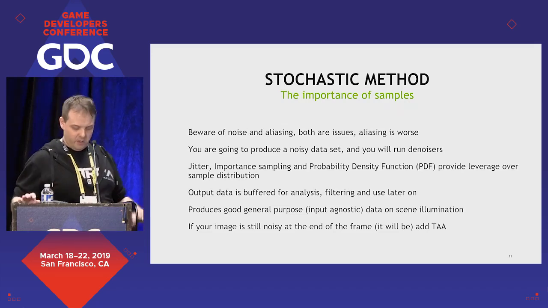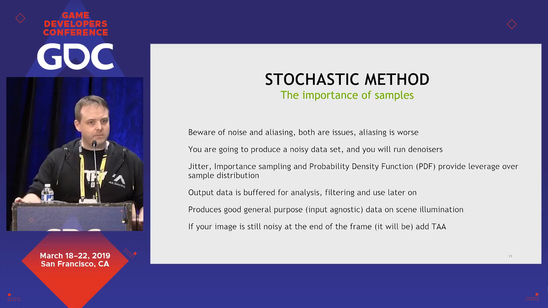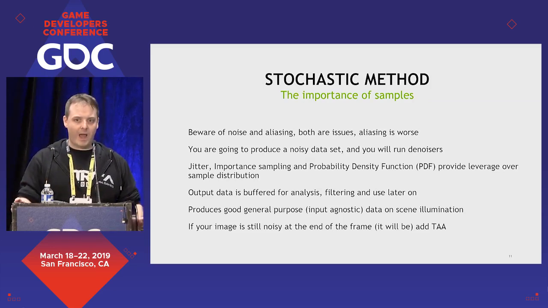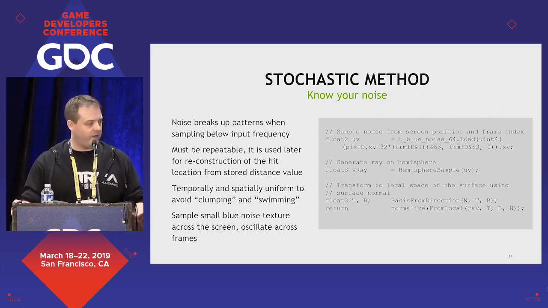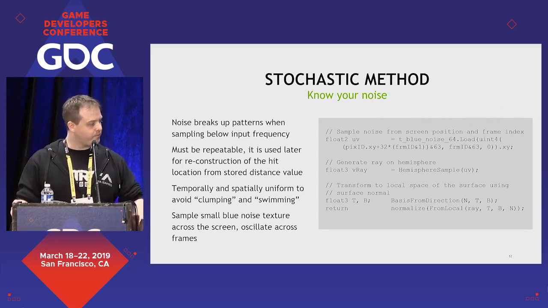There's a few things to look out for. You really need to make sure that you choose your samples well. You're looking for a random distribution of good, solid, representative information. So the key to doing this is making sure you have a good selection of noise. Now, we generate our rays by sampling a blue noise map.